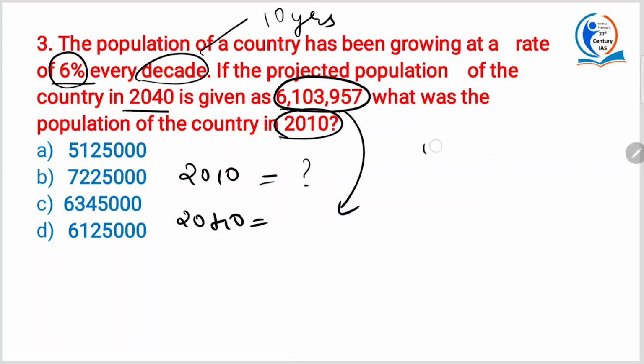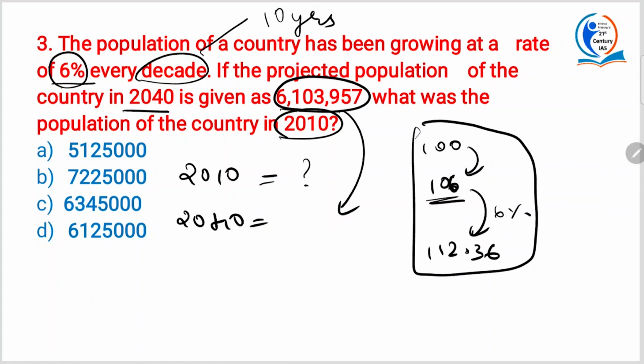It is given that every decade 6% of the population is increasing, which means if this year the population is 100, after 10 years it would be 106. And after another 10 years it would be 6% more than this number, which means 112.36. So this is similar to compound interest.